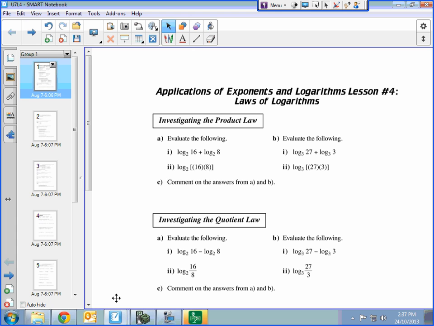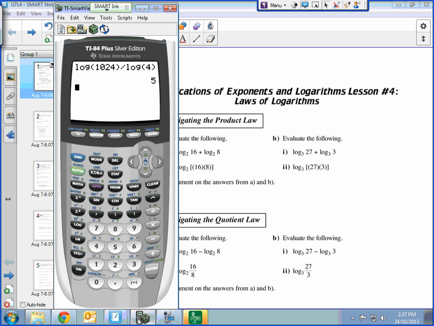So evaluate the following. To evaluate log of 16 base 2 plus log of 8 base 2, you can just put this on your calculator. Okay, so log of 16 base 2: log of 16 divided by log of 2. Enter. It's 4.